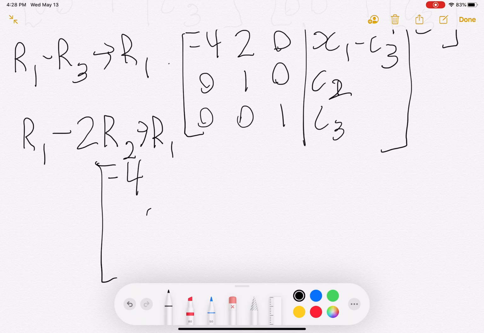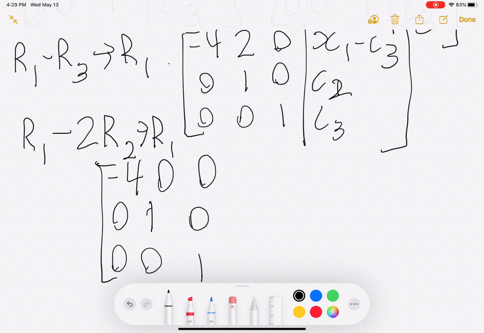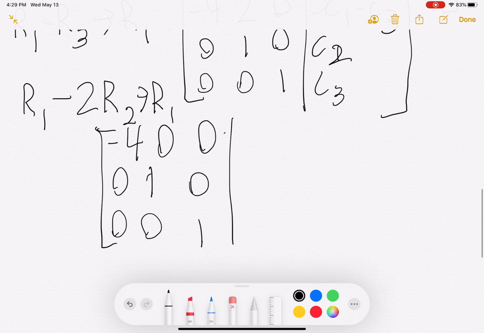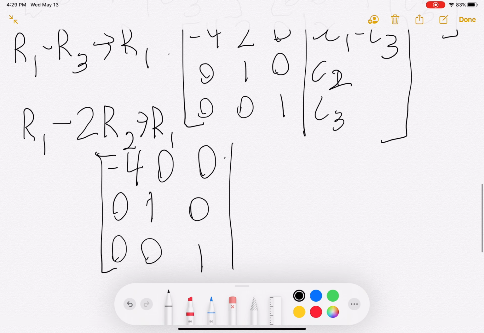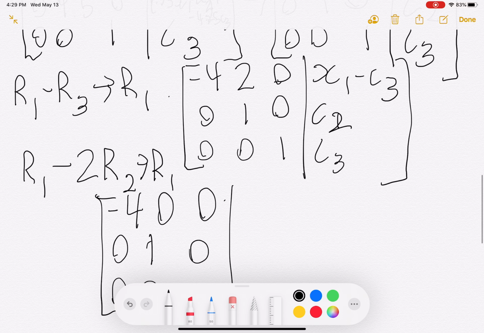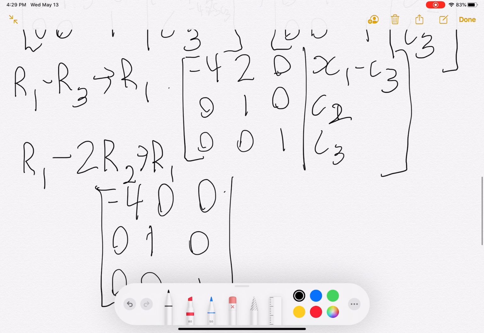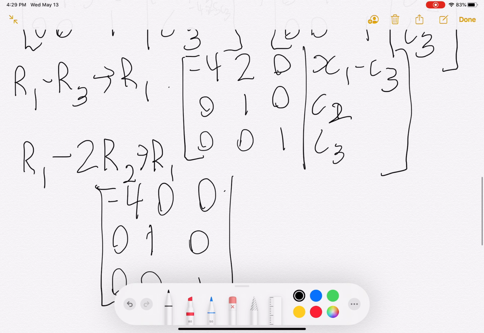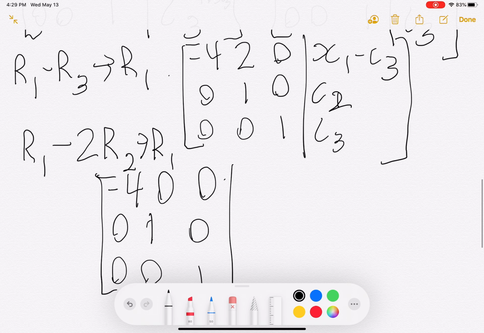So -4, and we get 0 here. First, let's write this part out. And then all we have to worry about is this section here. So it would just be -2 times C2 plus row 1.